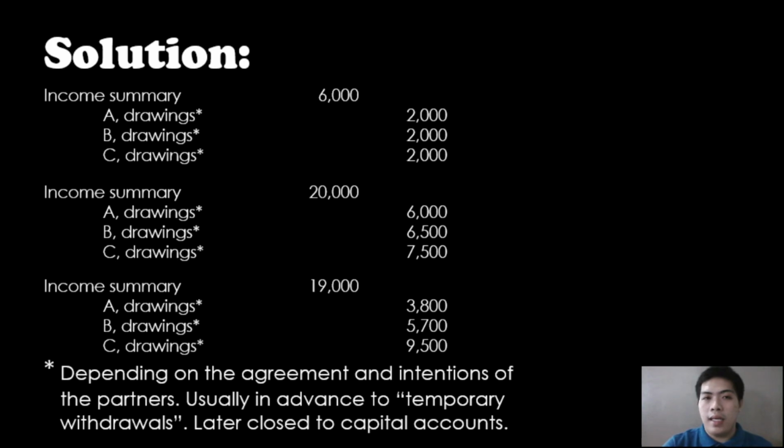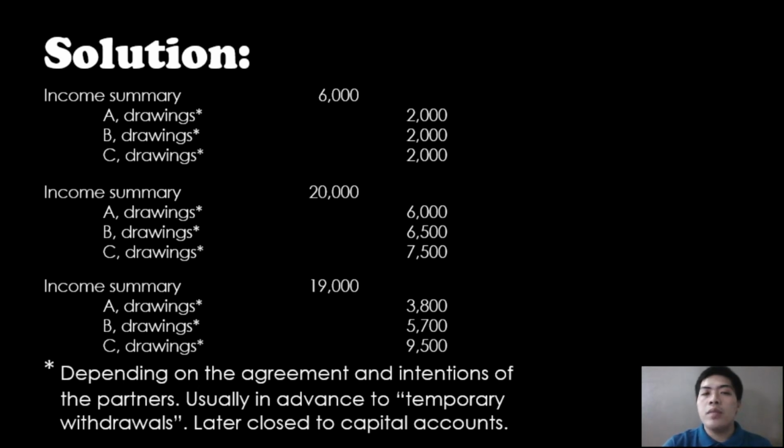Again, pwede din yan. Depending on the agreement and intention of the partners. Later naman, i-close pa rin yan sa capital. It is always based on the agreement ng partners. It boils down on the agreement and intention of the partners. Either way, acceptable naman. Okay?